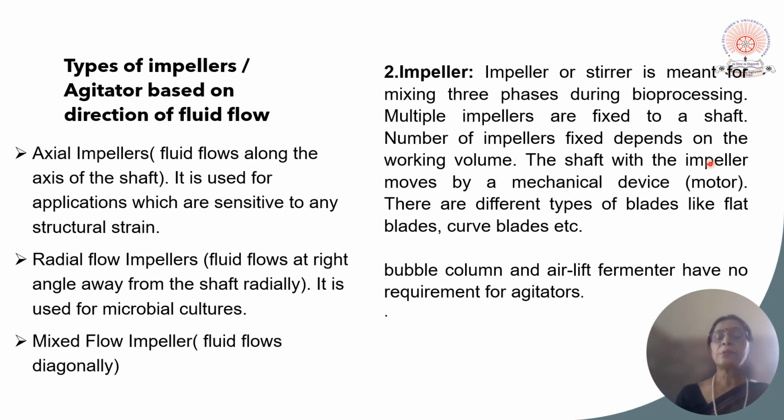The shaft is attached to a mechanical device, that is a motor, and when the motor is on, the shaft rotates, and the impellers mix the contents. Two types of bioreactor, like bubble column and air-lift fermenter, have no requirement for agitators because there the mixing is done by some other technique.